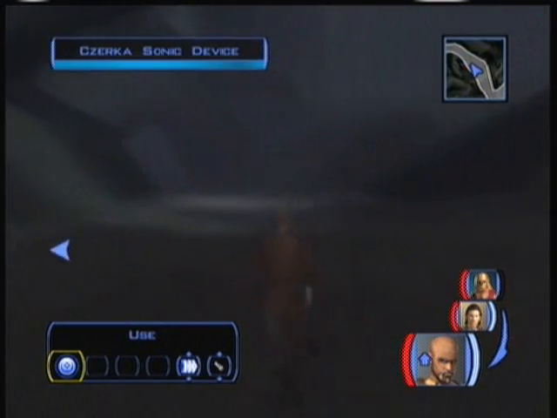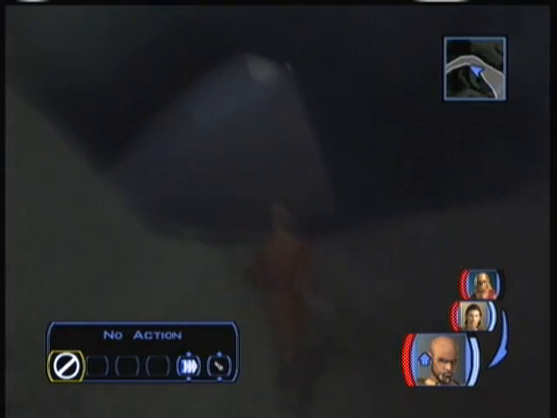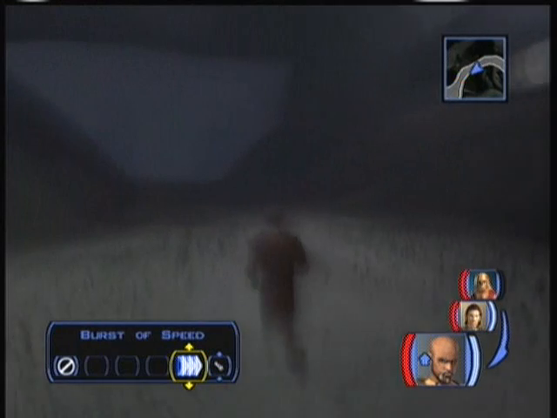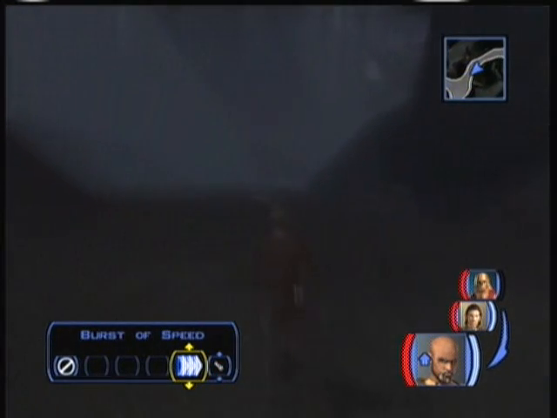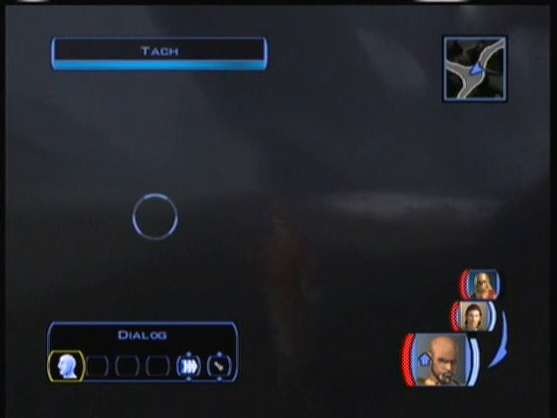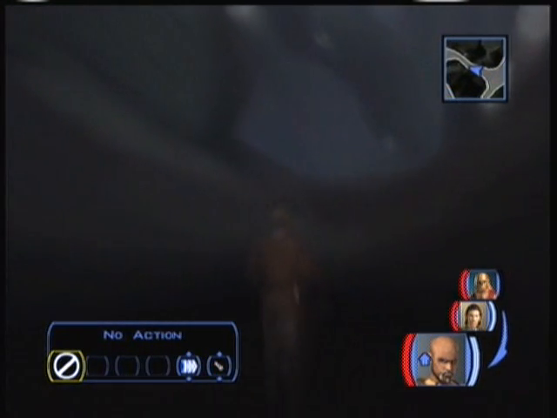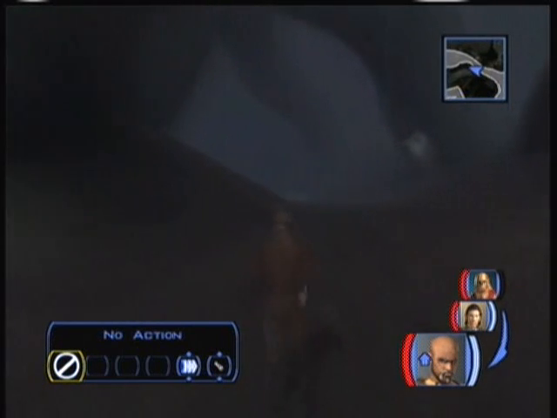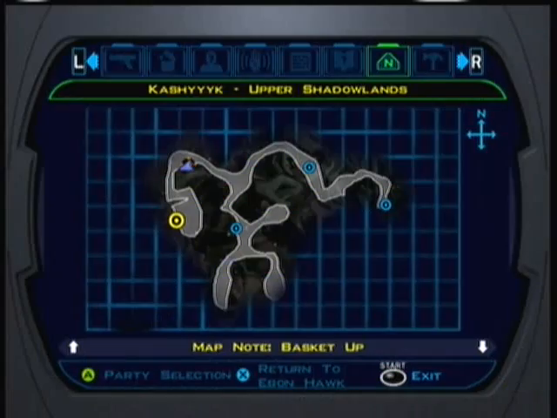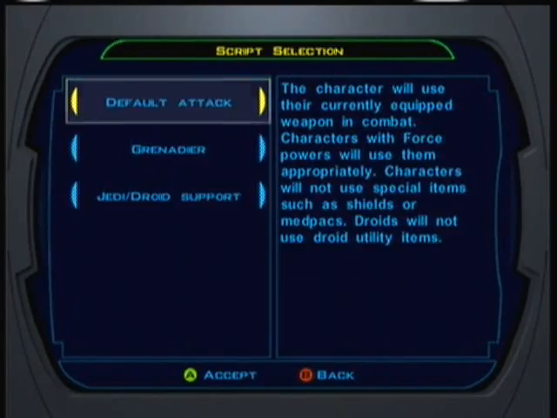Almost there. I like the fact that Joey Bindle has lots of force points. He's very useful if you want him to heal, support, and all that. He's a very good supporter. No, I'm gonna change his style. I'm gonna change his scripts.